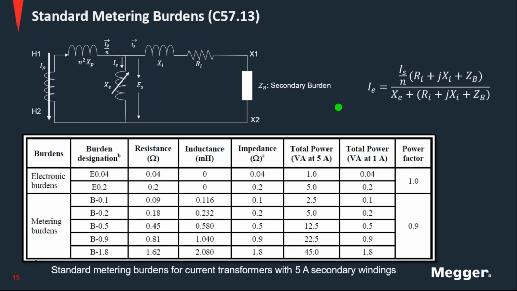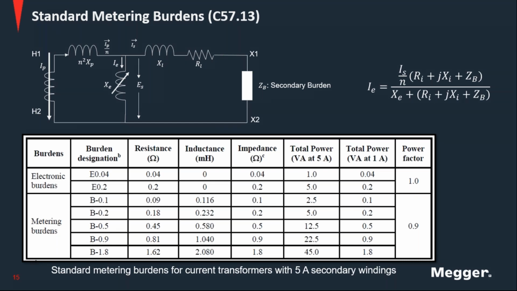So it is very important in the testing process to test this burden, to get the actual value, and use that value for the assessment. Once you get all the parameters from the CT, resistance, excitation characteristic, turns ratio, you need to assess and simulate how this CT will behave with this load.